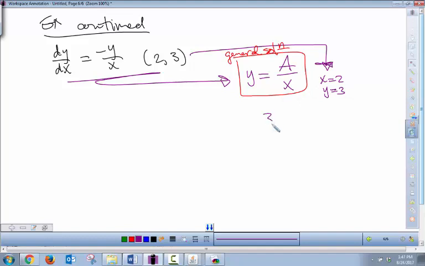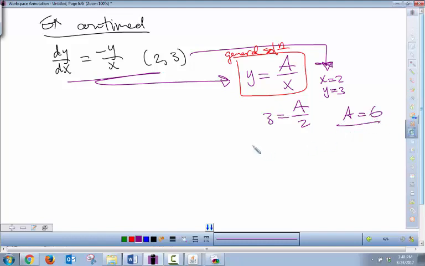So if I put my y value in and my x value in there, I will have my unknown constant to solve for. And in this case, a is equal to 6.